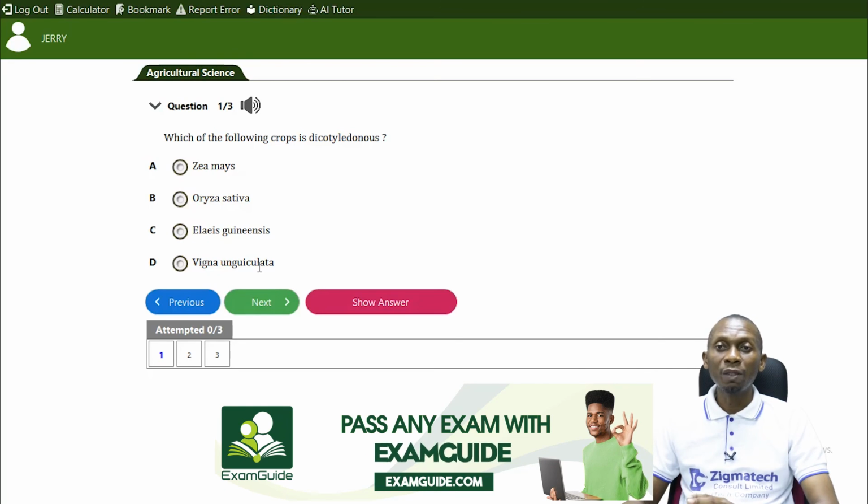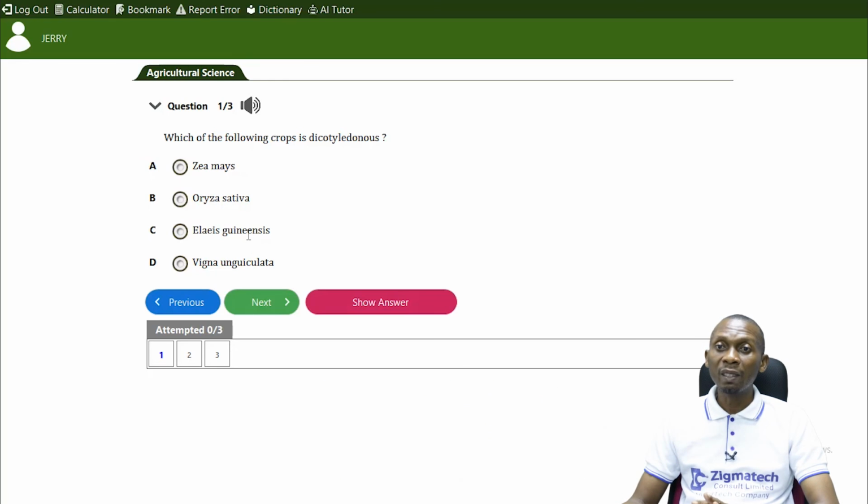Now, we've mentioned maize, which is a cereal, rice, which is a cereal, and Elaeis guineensis, which belongs to the grass family. Then we have Vigna unguiculata, which is a legume. Now, cereals are crops that usually have parallel venation, like maize, if you've seen a maize plant, while leguminous plants have netted venation.